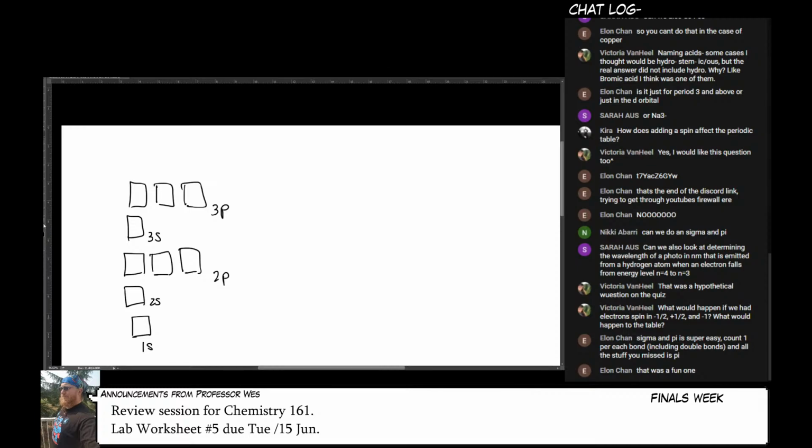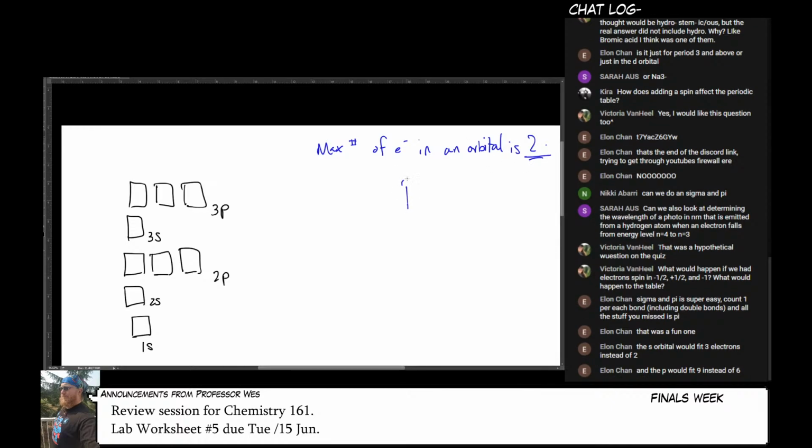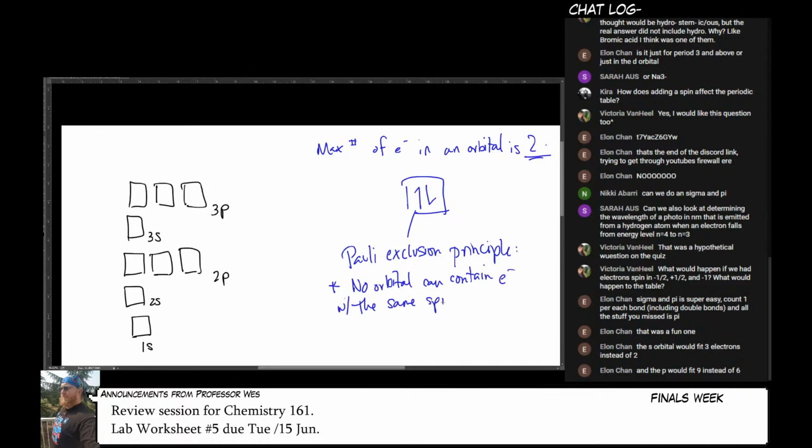And what we said was that the max number of electrons in an orbital is 2, right? And the reason for that is because here's my orbital. I can have spin up and spin down. This is the Pauli exclusion principle: no orbital can contain electrons with the same spin.